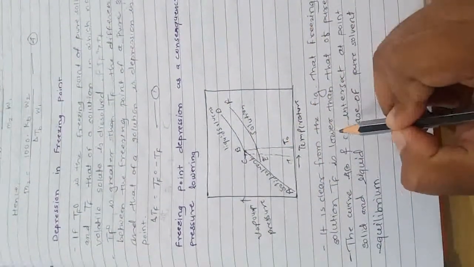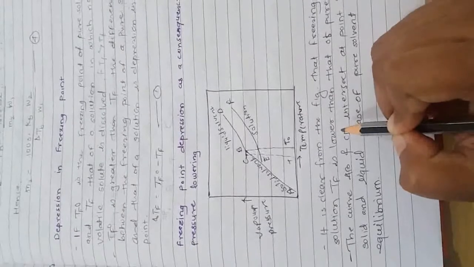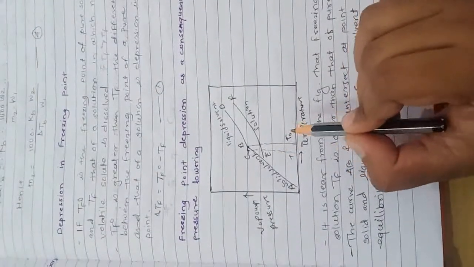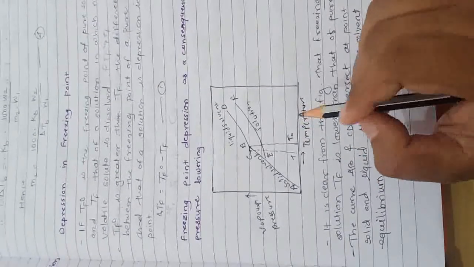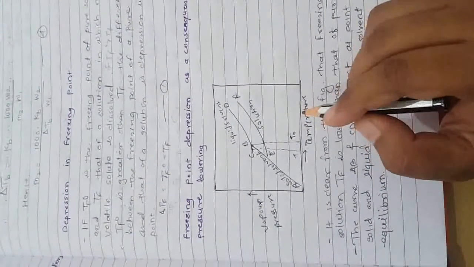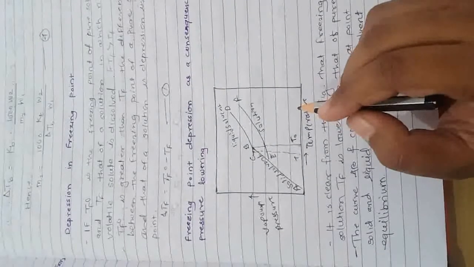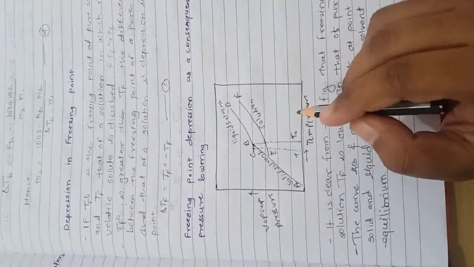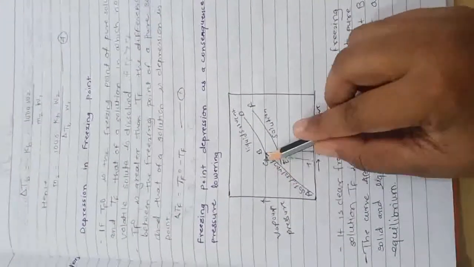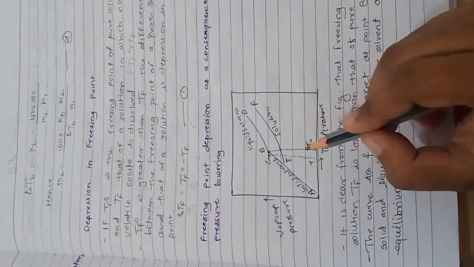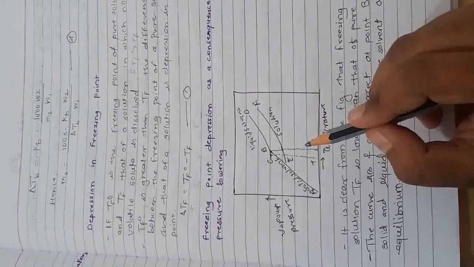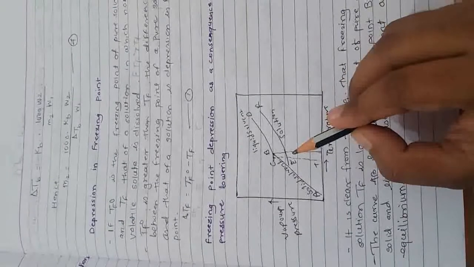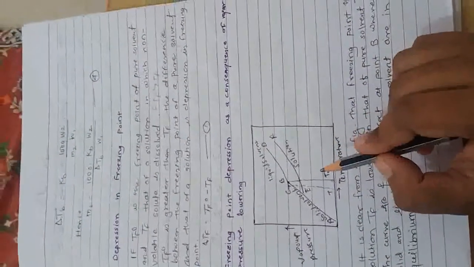Consider the vapor pressure temperature diagram as shown in the figure. The diagram consists of three curves. AB is the vapor pressure curve of the solid solvent, while CD is the vapor pressure curve of the pure liquid solvent. EF is the vapor pressure curve of the solution, which always lies below the pure solvent.